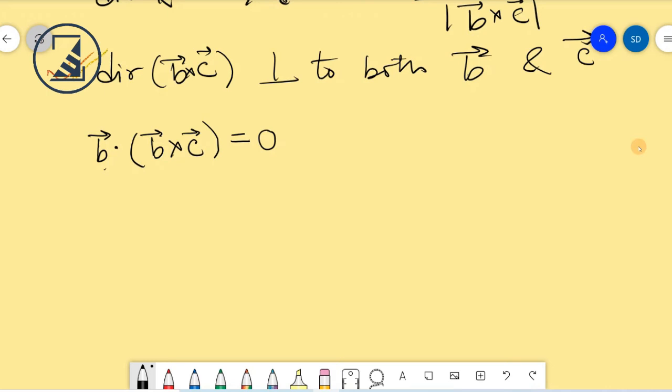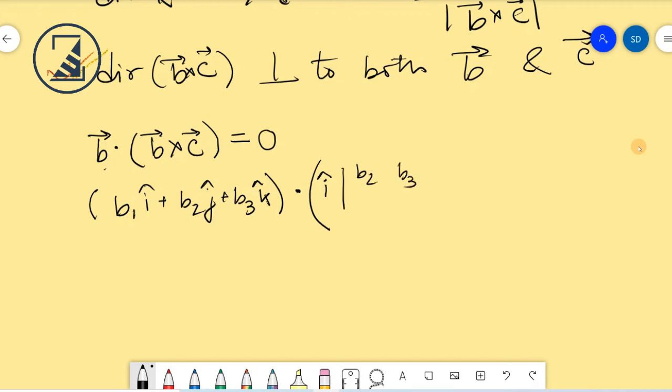Now what I have to do is dot B with B cross C. Okay, now this is going to be a tedious calculation. Please be with me. I am writing down B1 I cap, B2 J, B3 K dot the B cross C. Please refer to the previous portion of the video to write this down.